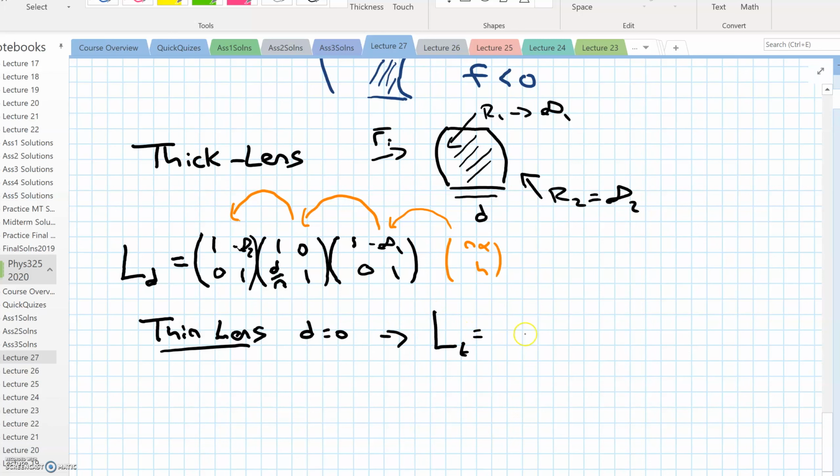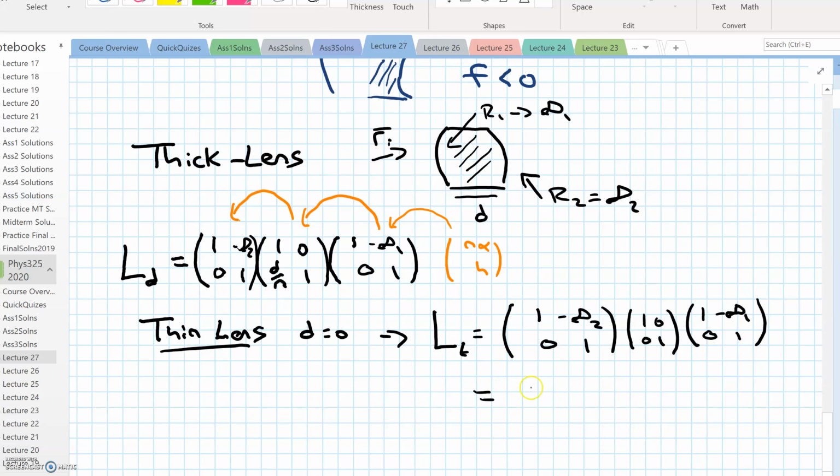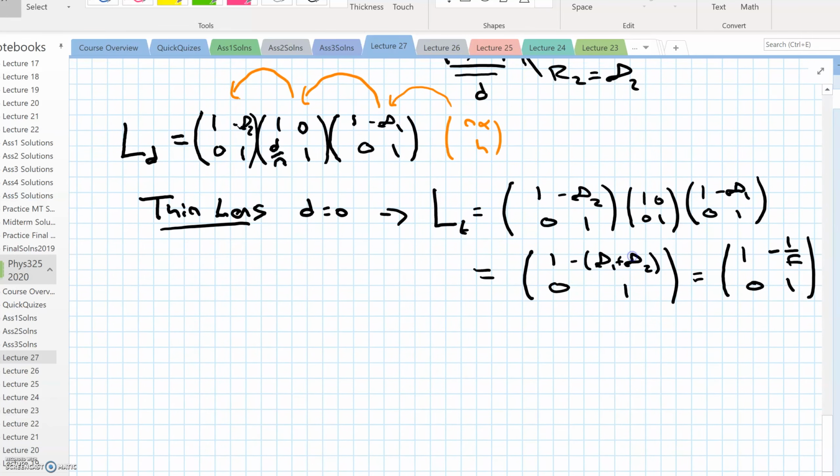So the thin lens is going to be given by 1 minus d2 times the identity matrix, because that lower left is a 0, times this here, which we've already seen. We can write that as 1, negative 1 over the total focal length, and that is the matrix of a thin lens.